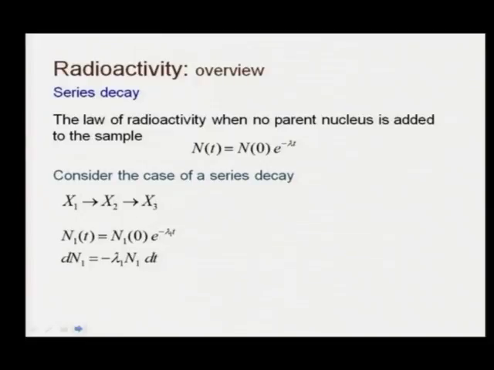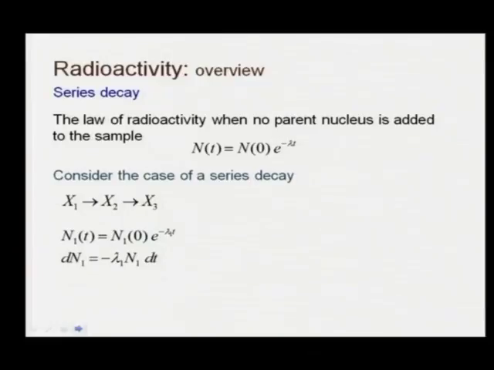Say, consider the case of a series decay, which means you take a nucleus of type 1 denoted by x1, which decays to x2, and x2 is not stable, it decays further to x3. For a given sample, you start with some x1 at t equal to 0, pure x1, no x2 or x3 in it, and you do not add any more x1 nuclei into it.